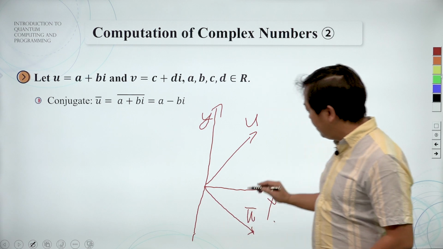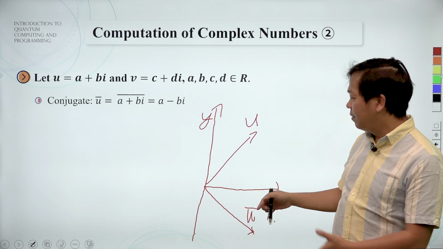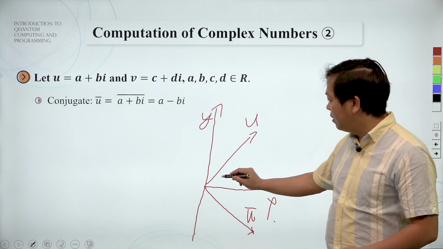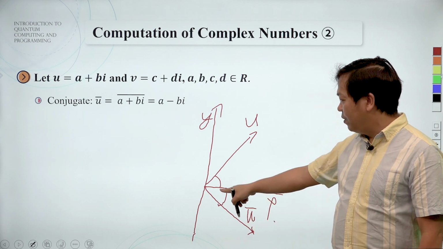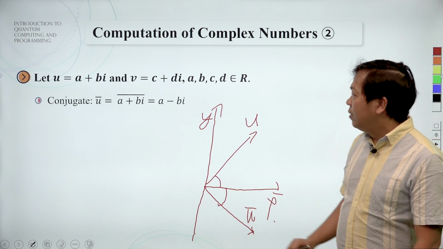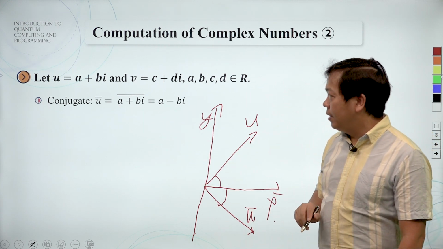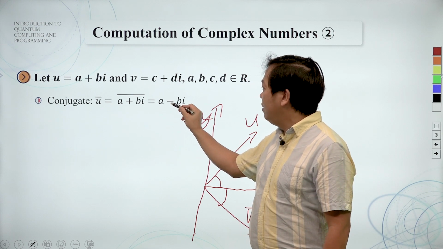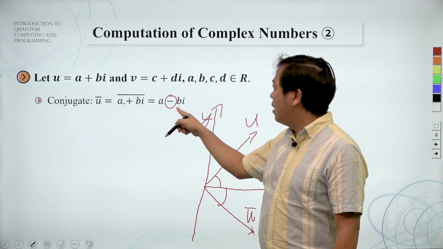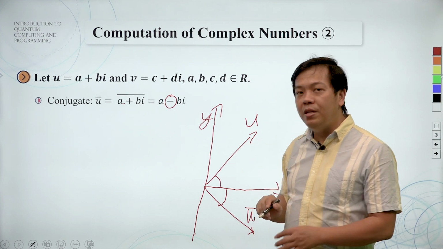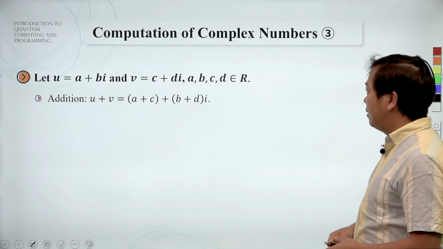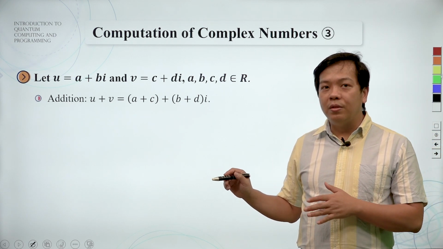You can see it is the opposite on the y coordinate. In the future you will see this relates to the angle. Remember, when we calculate the conjugate, we only change this value. After we conjugate, we have minus b i. So we only change that value.